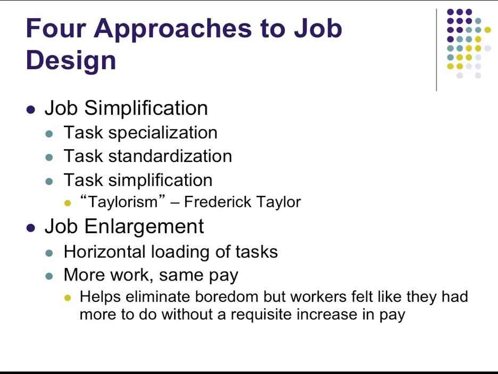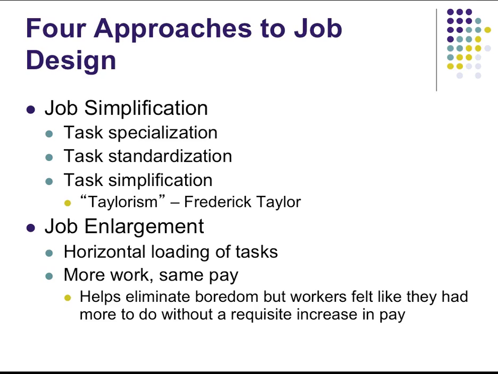Typically, we have 4 approaches to the way that we do work: job simplification, job enlargement, job rotation, and job enrichment. Basically, job simplification is we keep everything really simple and straightforward. Tasks are very specialized, standardized, and simplified so that there is no doubt, no question about how to do the work.